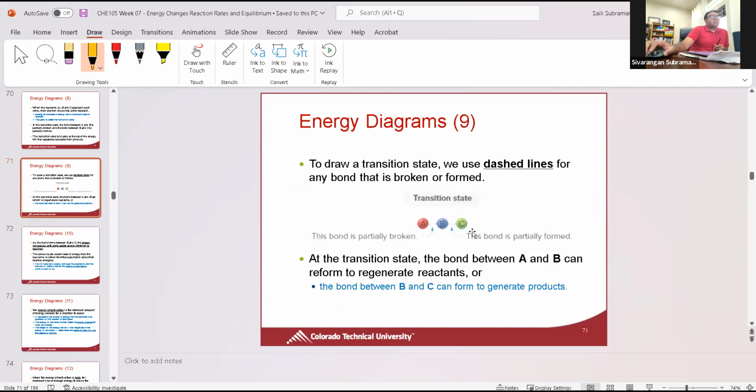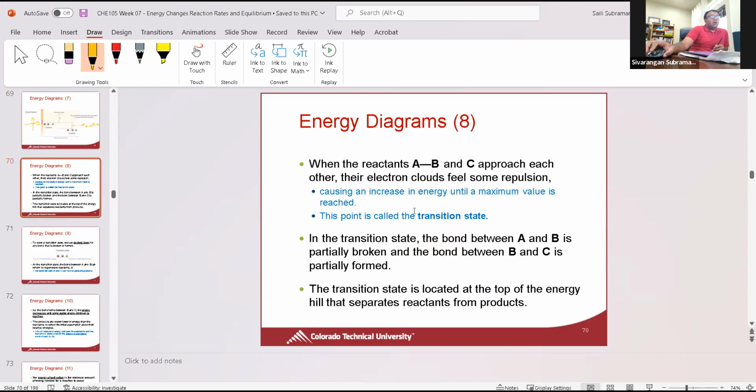Now let's define the transition state. When you have two reactants, A-B and C, there is literally a transition, so you are not going to get this reaction instantaneously.